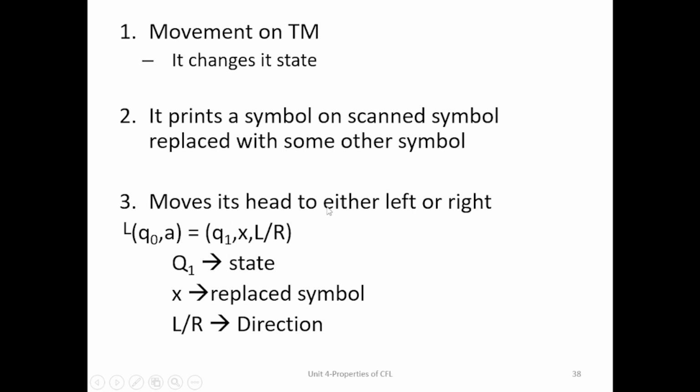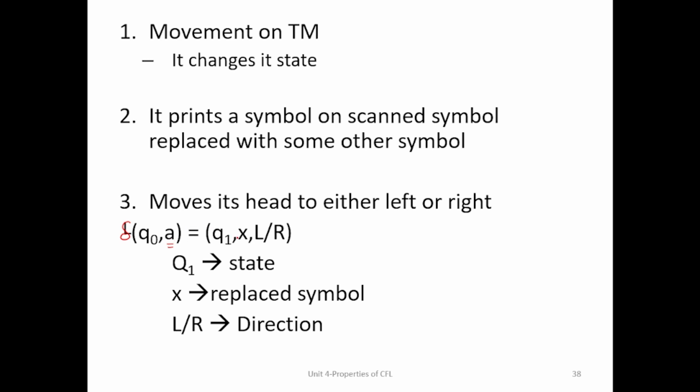So this is the notation, that means delta of Q0. The input of a Turing machine is two symbols: one is the current state, with the symbol available on the tape, and there are three output notations. One is the replacement state, that is, instead of Q0 the control head points to the Q1 state.